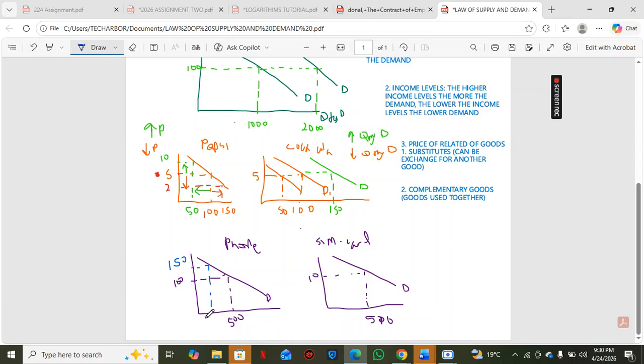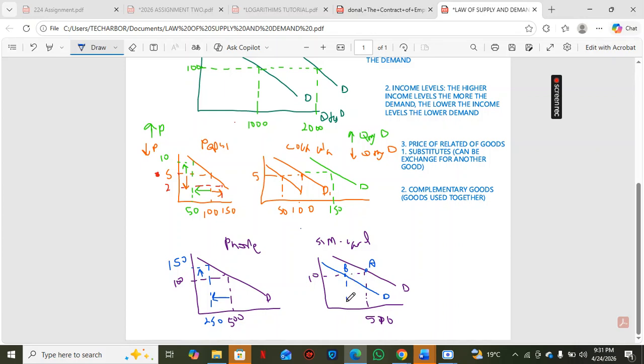you find the phone has become expensive, so people buy fewer phones. Now, if people are buying fewer phones, what's going to happen to the SIM cards? People buy fewer SIM cards, because if you can't buy a phone, what's the purpose of the SIM card? So there will be a shift in the demand curve for SIM cards from point A here to point B here.